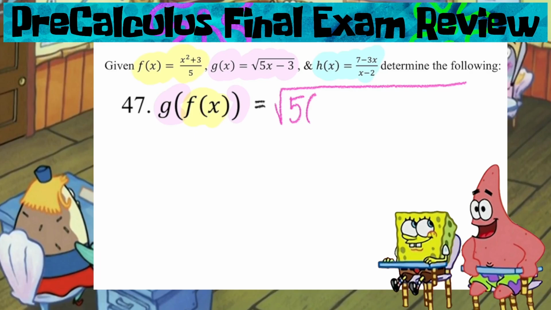What's going to go in for x? So what's going in for x is x squared plus 3 over 5. That went in for x, right? Minus 3.